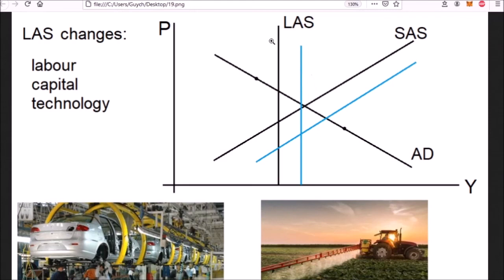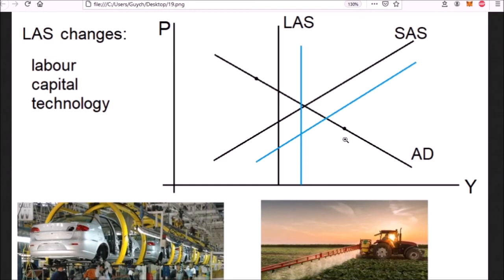Notice here that whenever we shift the long-run aggregate supply curve in either direction, to the right or to the left, we should shift the short-run aggregate supply curve in the same direction by the same distance as well. For example, here we have both the long-run and short-run aggregate supply curves shifting to the right by the same distance due to, for example, a higher amount of capital available in the country over the years.